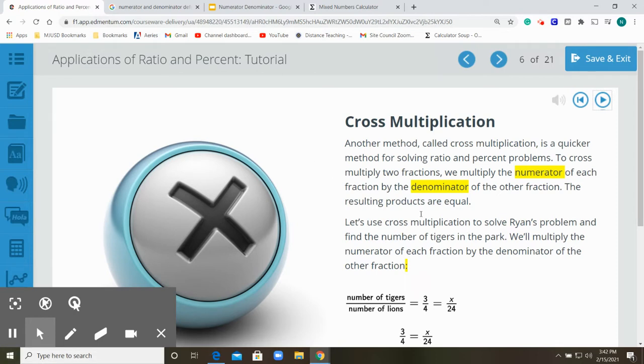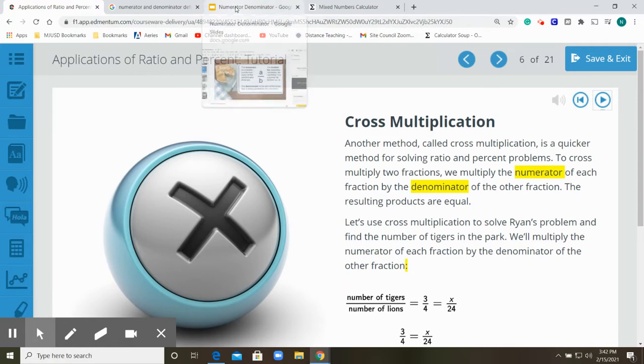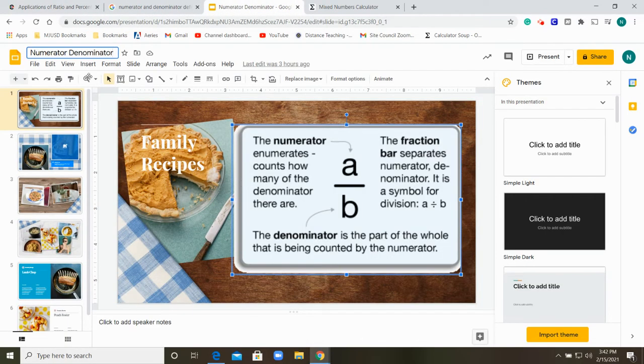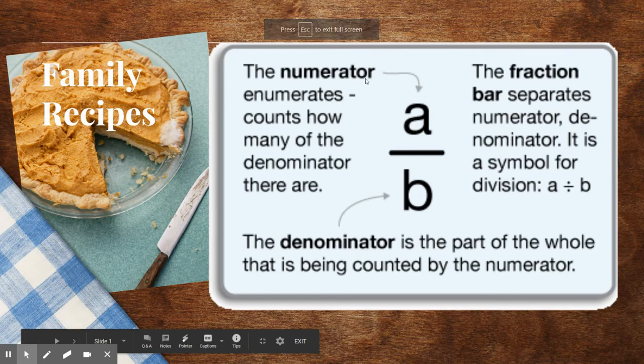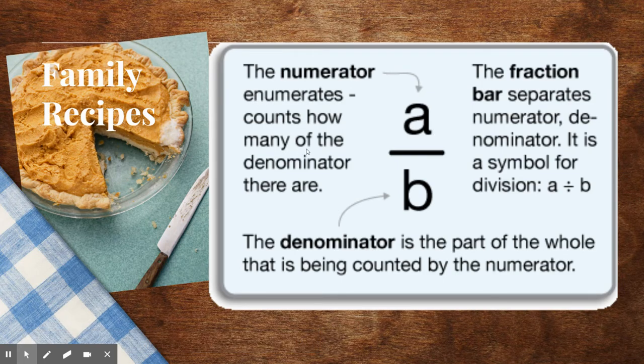So real quick, I'd like to show numerator, denominator. The numerator enumerates or counts how many of the denominator there are. The fraction bar separates the denominator and the numerator.